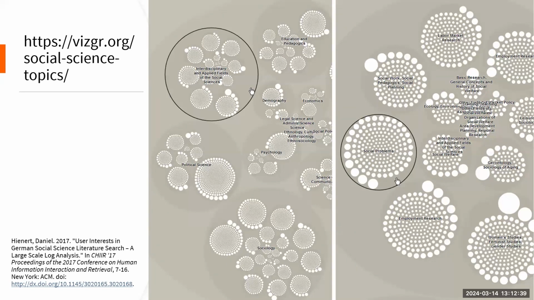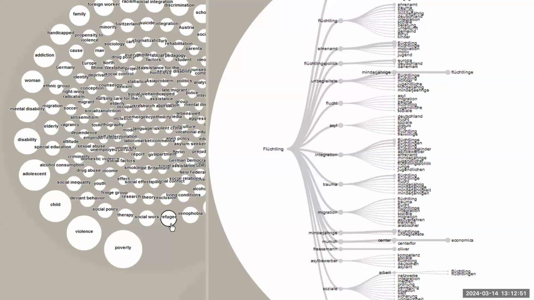So in the left side, you see, for this example, I clicked on applied fields of the social sciences, and on the right fields, on the secondary level, I click on social problems. And then you see again two new graphics, and on the next level, in the left graphic, we can see different topics within this field of social problems, such as poverty, violence, disability, for example.